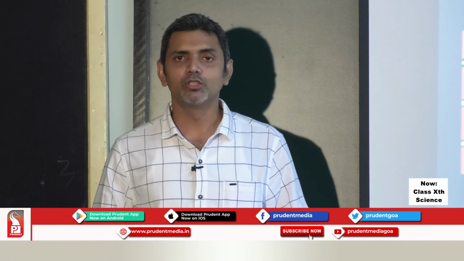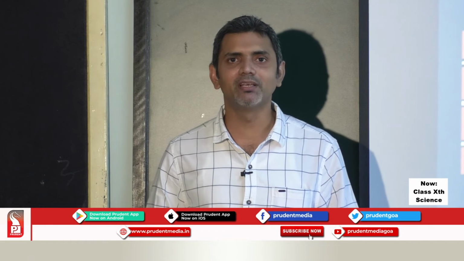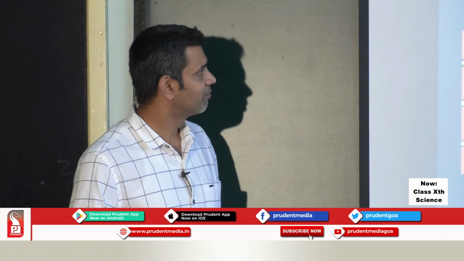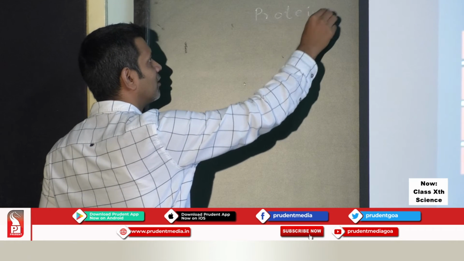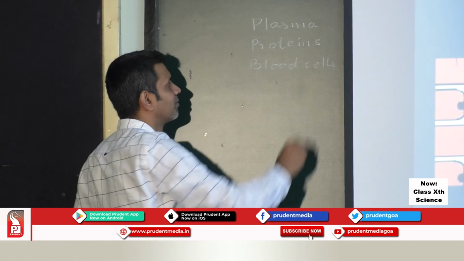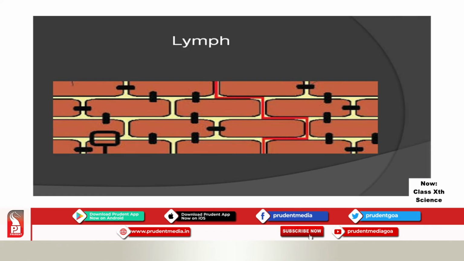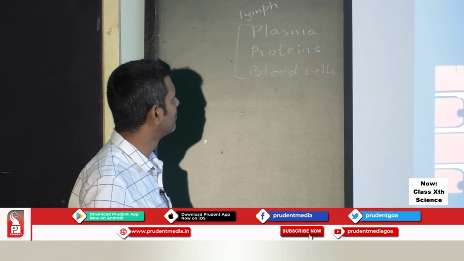So through these walls, or through the pores present in the walls of the capillaries, some amount of plasma, proteins and blood cells enter this intercellular space to form lymph.